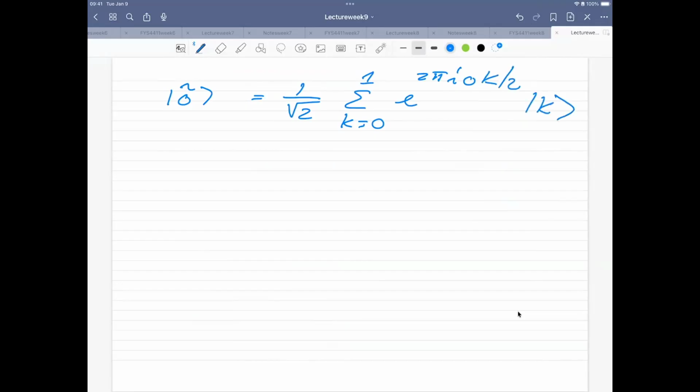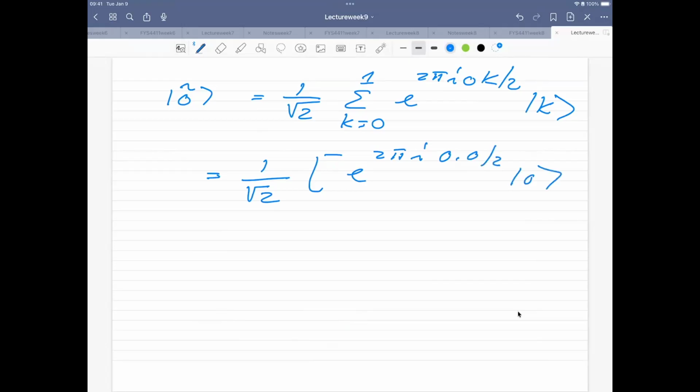When I write this out, this is equal to 1 over square root of 2, and then e to the 2 pi i times 0, divided by 2, and then I have qubit 0.